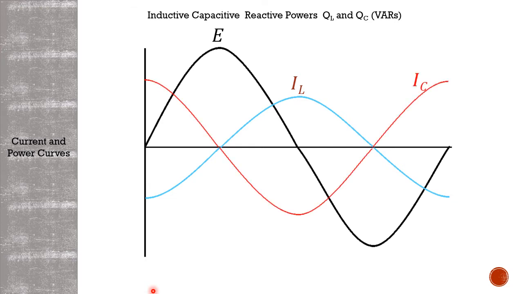Because our capacitor stores voltage, it supplies current immediately. So you will see here that our capacitive current is actually leading or ahead by 90 degrees. So there's a 90-degree difference in my capacitor and my voltage, but this time the capacitor is ahead of the voltage by 90 degrees.